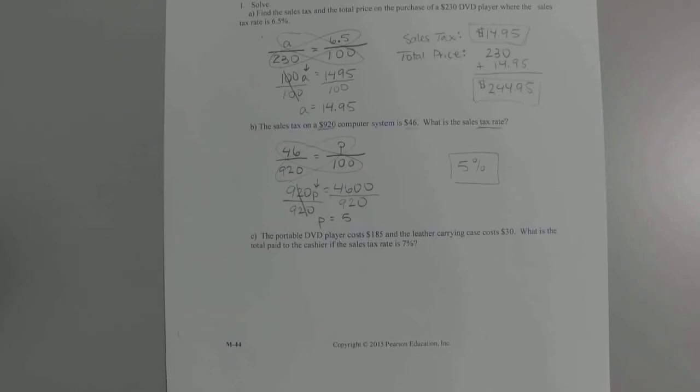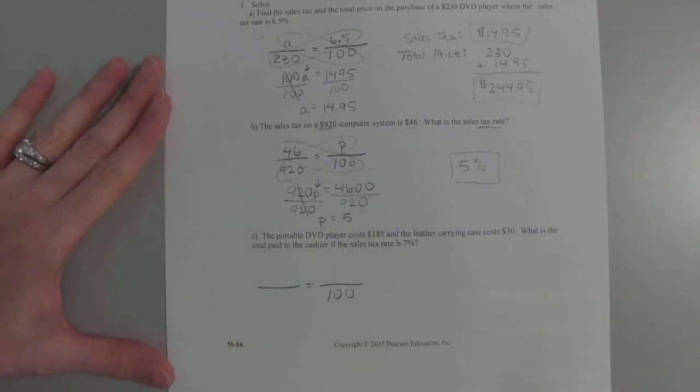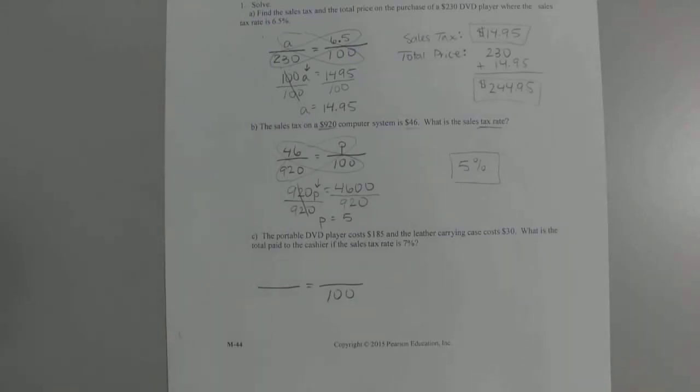All right, let's look at C. The portable DVD player costs $185, and the leather carrying case costs $30. What is the total paid to the cashier if the sales tax rate is 7%? There's a little bit going on here, okay? So we are eventually going to want to fill in blank equals blank over 100.